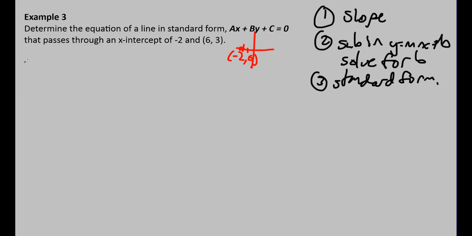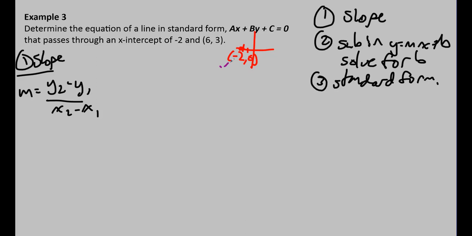So I can calculate slope. Rewrite my formula: m equals y2 minus y1 over x2 minus x1. So this is going to be my x1 value and y1 value, and this one can be my x2, y2 value, and then I go and plug it in.